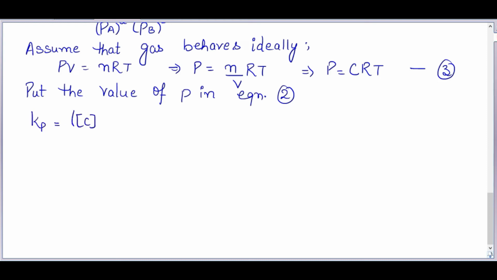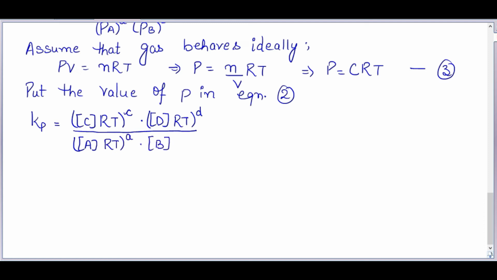molar concentration of C into RT, and power small c, into molar concentration of gas D RT power d, divided by molar concentration of gas A RT power a into molar concentration of gas B RT power b, right? Now, simply, I know that RT is common in every notation, so I'll simply take RT as common, right?